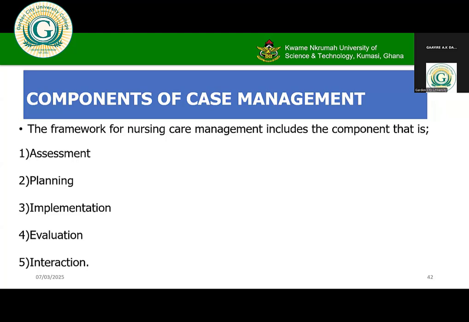So as I said, it depends. But assessment is assessment. What do we need from assessment? We need the physiological status data. We are collecting data. We need psychological status data. We need the cognitive, sociocultural and lifestyle. So basically we are collecting information from the patient. Based on the assessment that we have, then we plan for the patient.